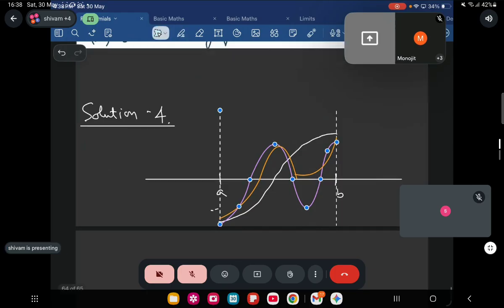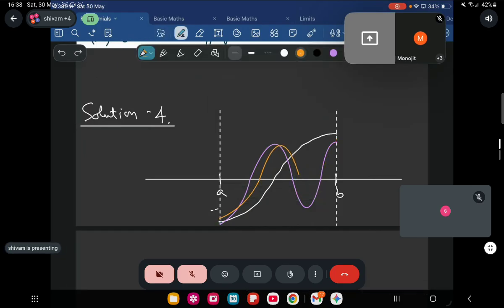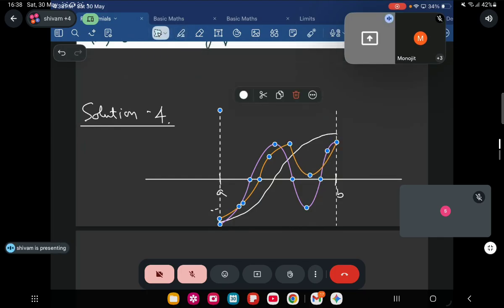So in this case also you will get two zeros. Are you people getting it? Yes or no? Yes, sir. Abhijay, is it clear? All the cases? Shahida, is it clear?